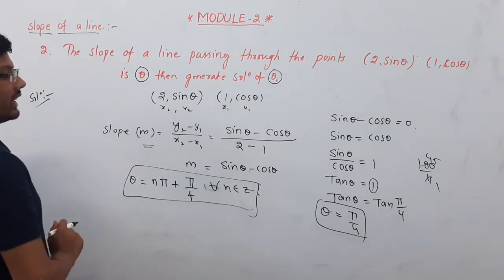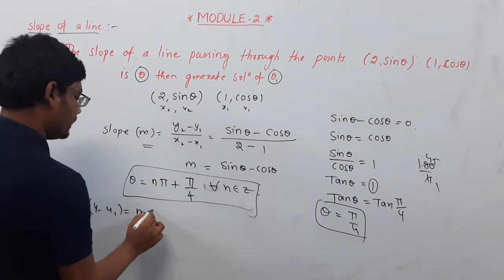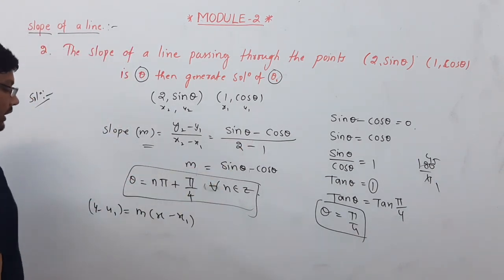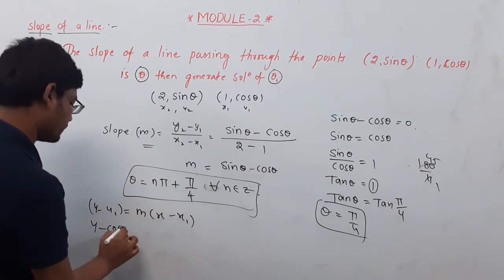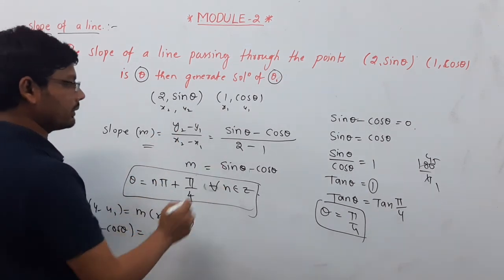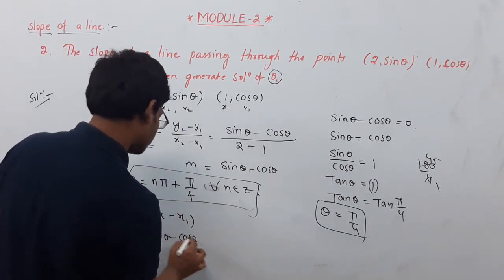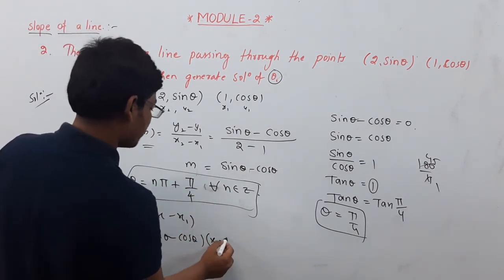If you want to find the equation, y minus y1 is equal to m into x minus x1. So y minus y1 is here cos theta, is equal to m, which is nothing but sin theta minus cos theta. Here x minus x1 is x minus 1.